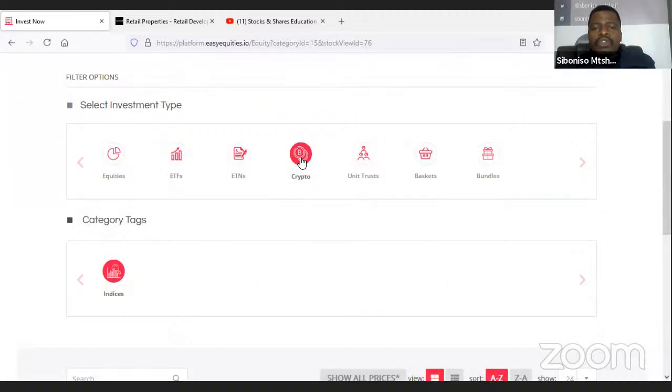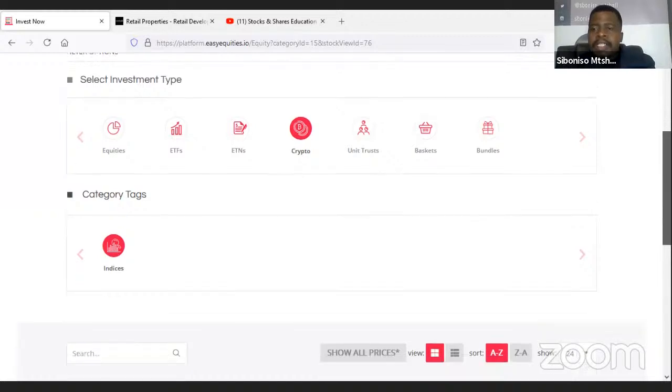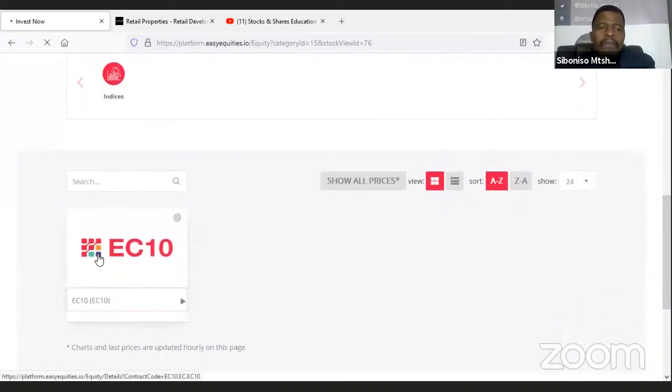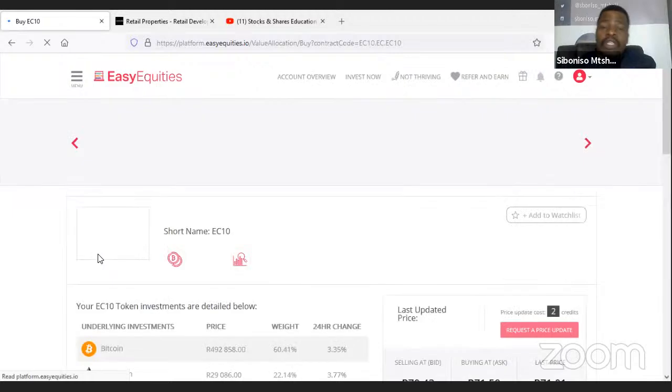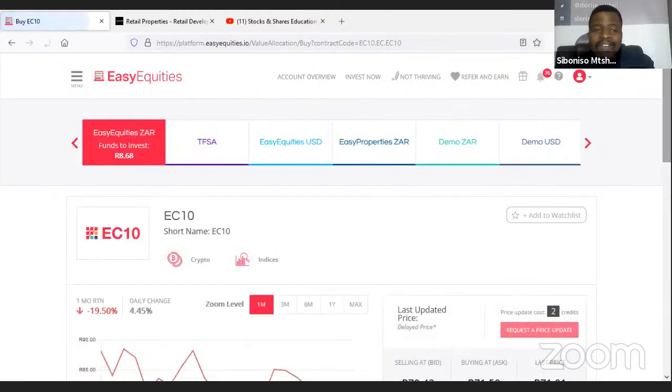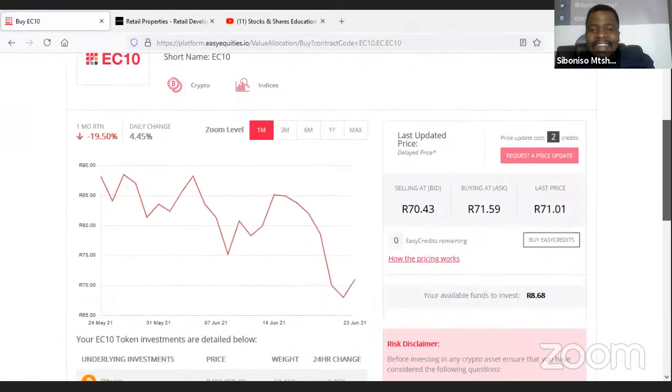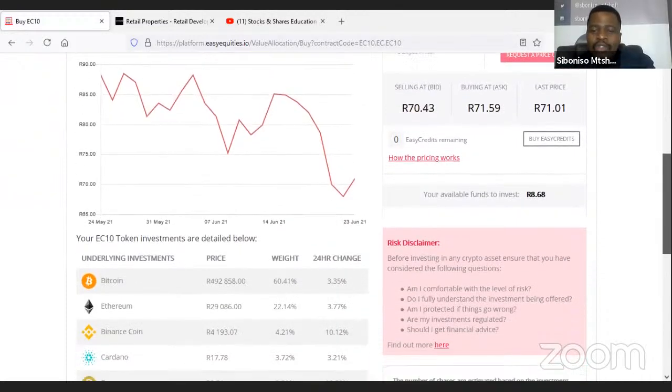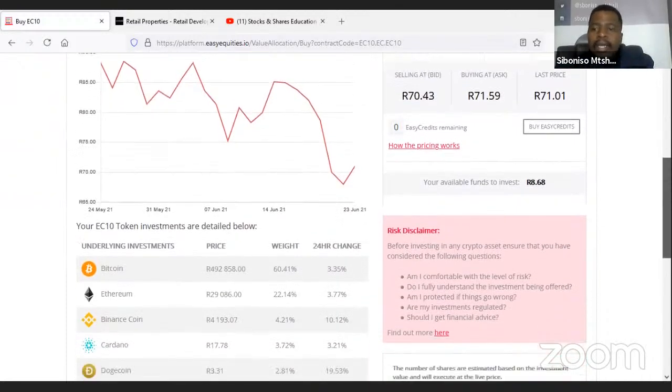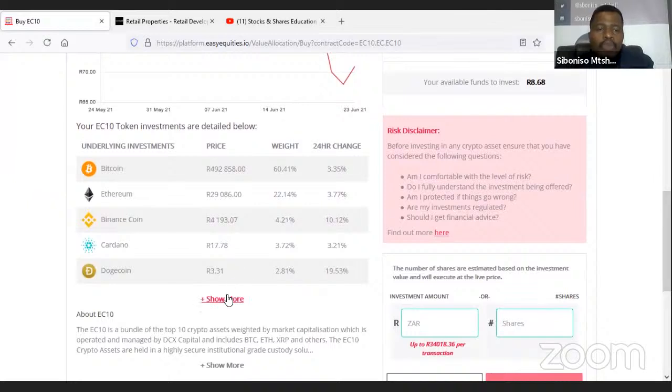And then there is also crypto. Under crypto, there's the EC10. EC10 is an index of best performing cryptos. Well, they are not performing well these days, as you can see that they are down. It's 10 cryptocurrencies grouped together.